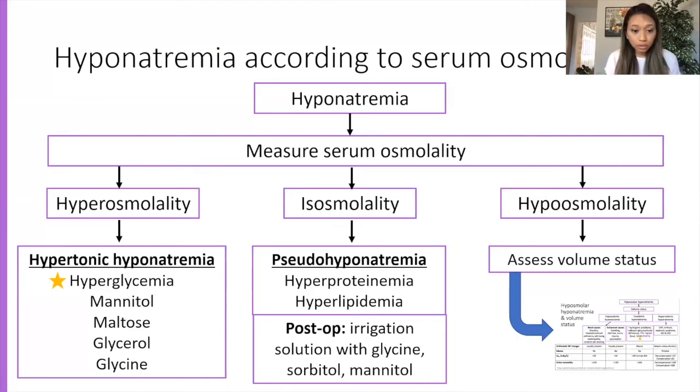This can also happen post-op, where they use an irrigation solution with glycine, sorbitol, or mannitol. Not as common, but it does happen, and something to keep in mind if you have a post-op patient. If it's hypoosmolar, this is considered true hyponatremia, because there really is essentially less sodium. If they're hypoosmolar, then you have to assess the volume status.